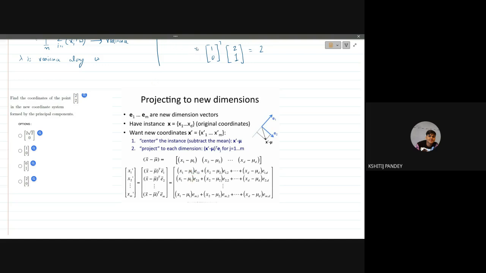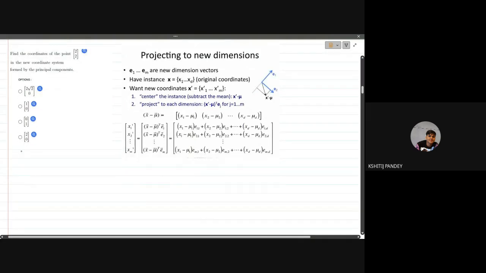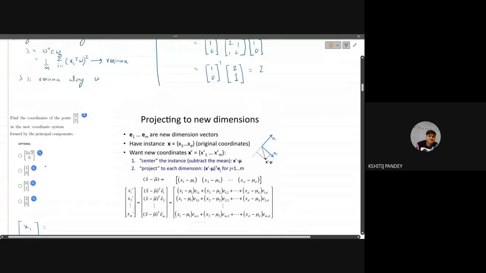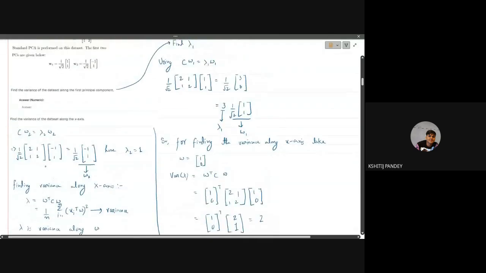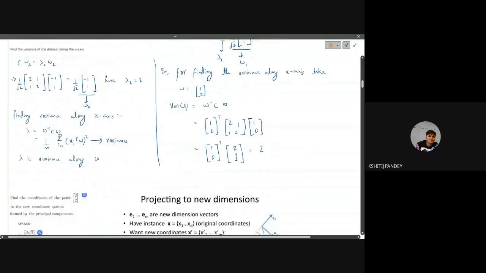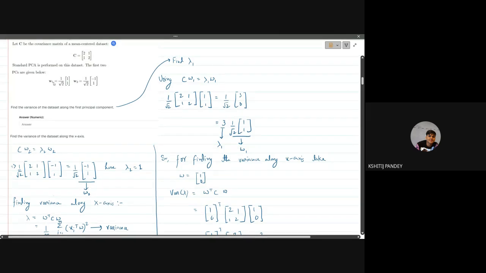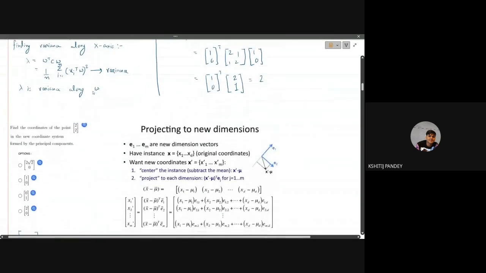So for the approach, let's say this right here, x1, x2, is the transformed data point. These are W1, W2, which are important to you.